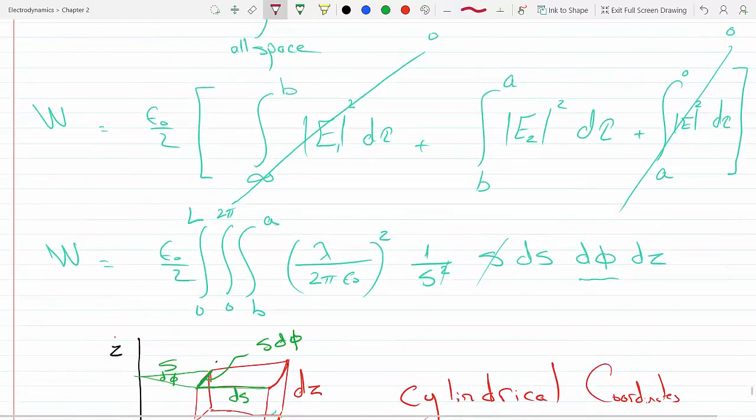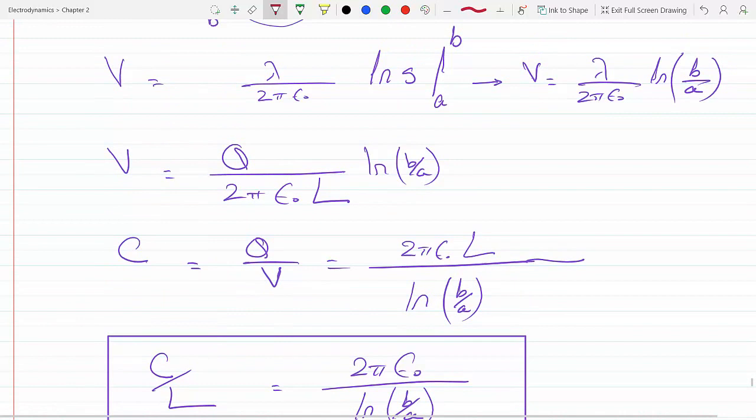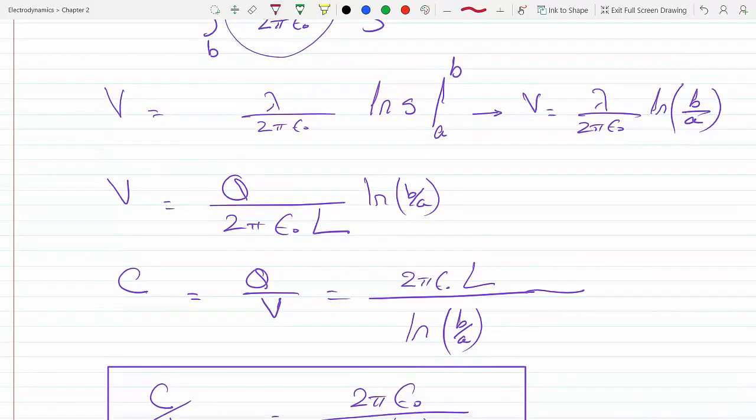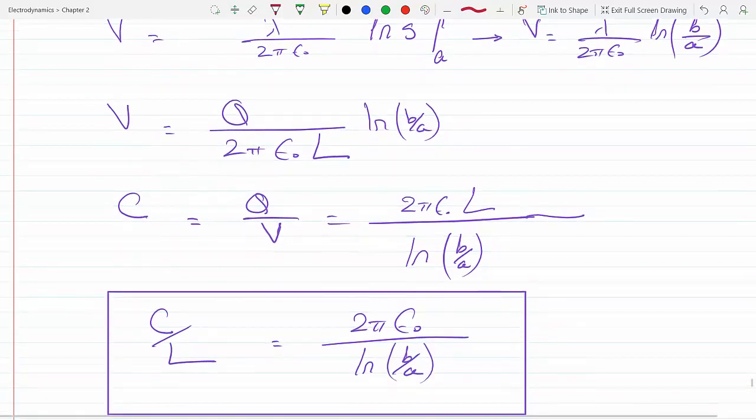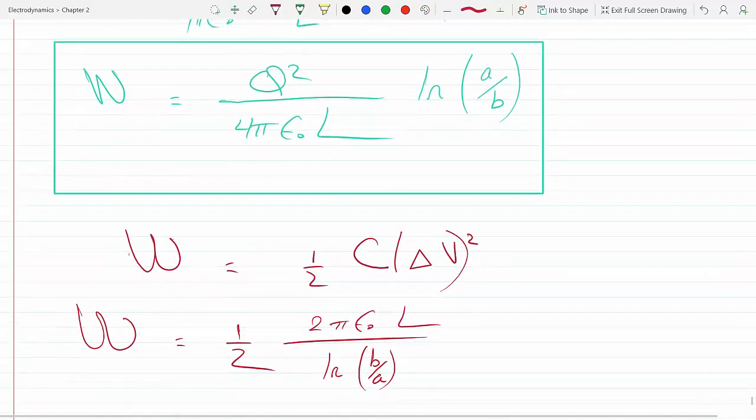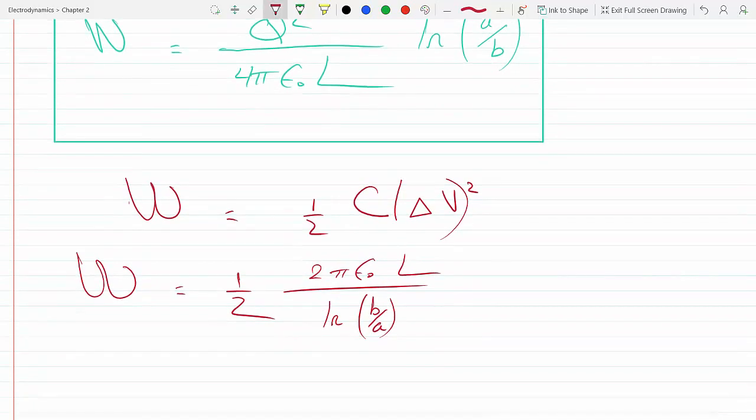And what was the potential squared? So this is Q over 2 pi epsilon L, Q squared over 2 pi, so this becomes 4 pi squared epsilon squared L squared, right?